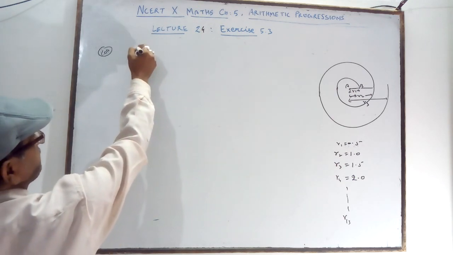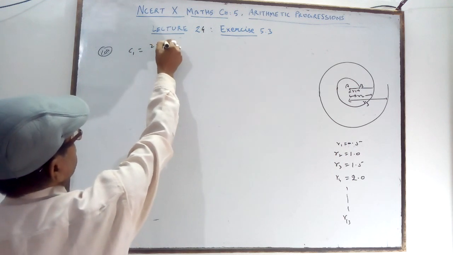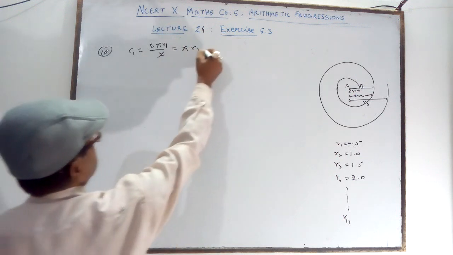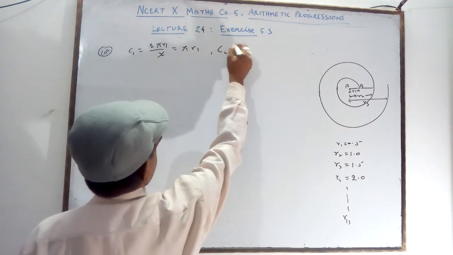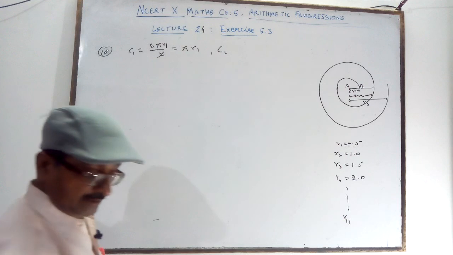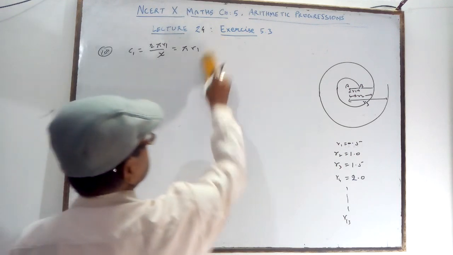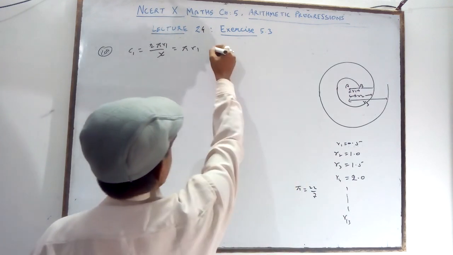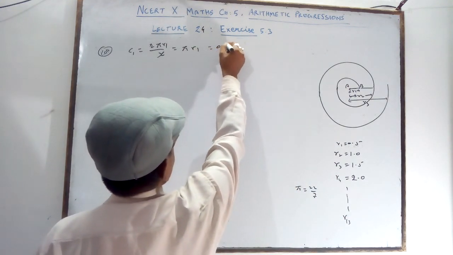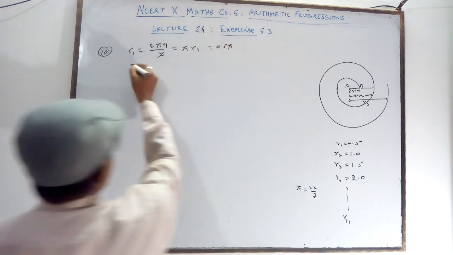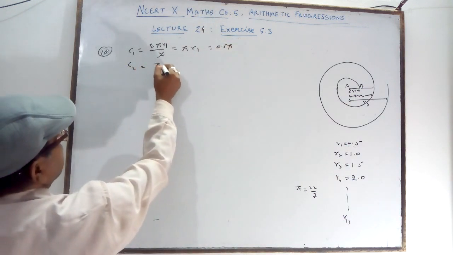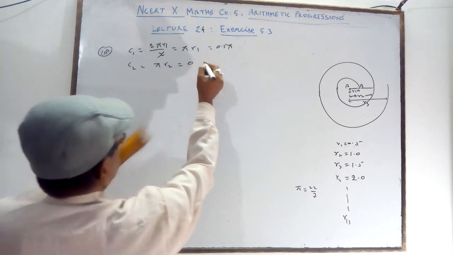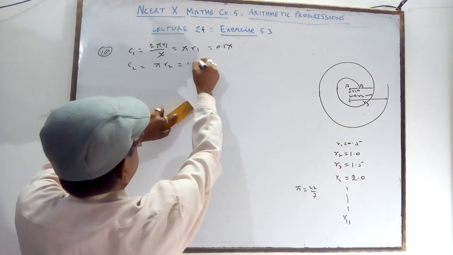Circumference of the semicircle C1 is equal to 2 pi R1 by 2, that is pi R1, which is 0.5 pi. Pi is given as 22 by 7. C2 is equal to pi R2, that is 1.0 pi.